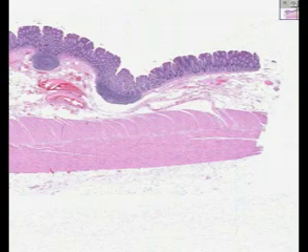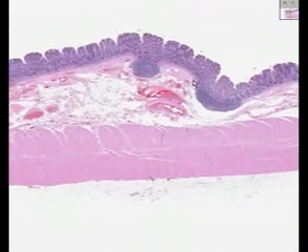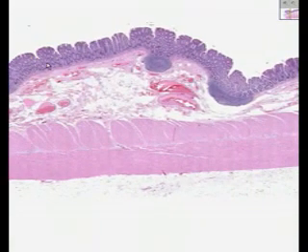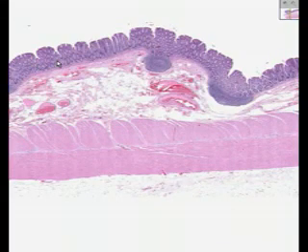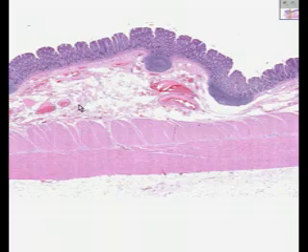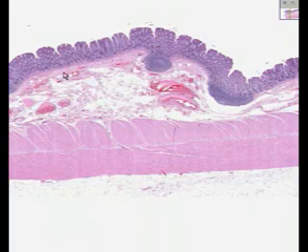Notice that what we have here, when I spoke of classical four layers, is a mucosa composed of glands and intervening connective tissue called lamina propria, which is then quite abruptly delineated from the underlying submucosa, which is all this loose vascular and fatty connective tissue, by a muscularis mucosa.